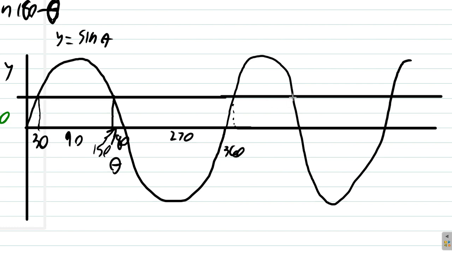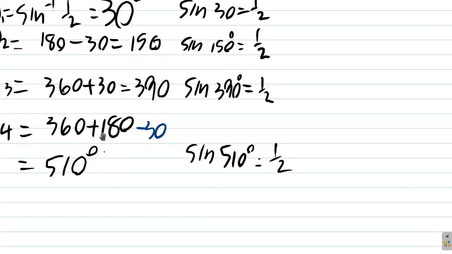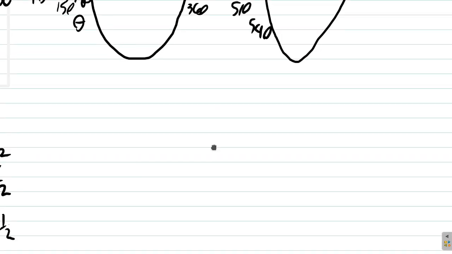Now the other angle, this is 180, 360, and then that other angle would be 540 right here. If you say 540 minus 30, you get this angle, which is 510 degrees. You see? The 360 plus 180 minus 30.